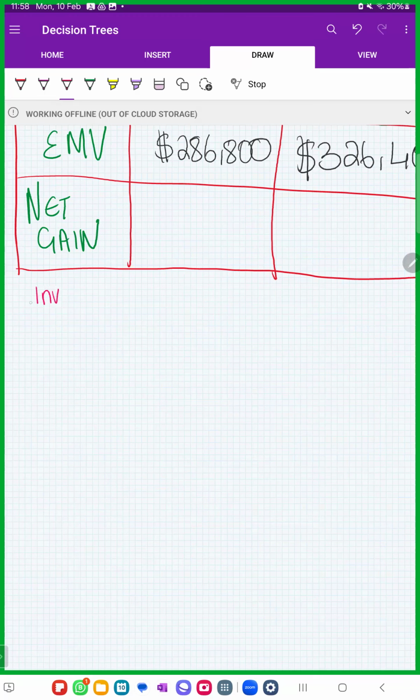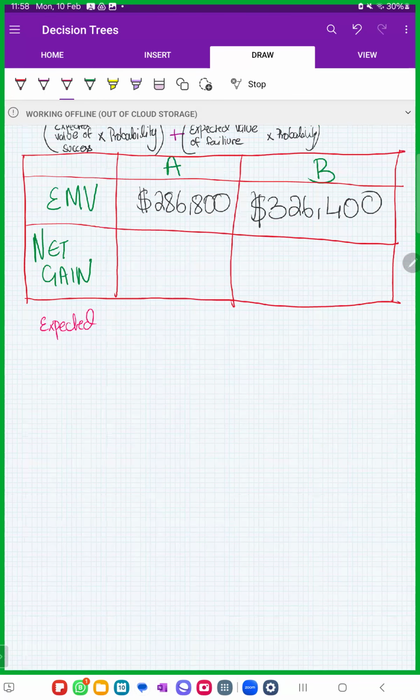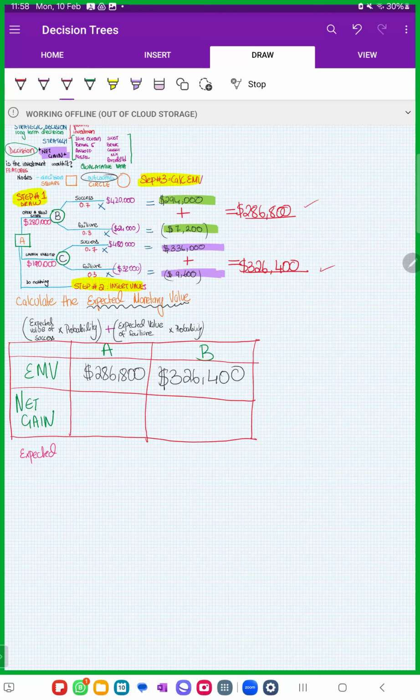In order to calculate your net gain, all you have to do is take the expected monetary value, and you minus that with your investment. Or actually the other way around, sorry.